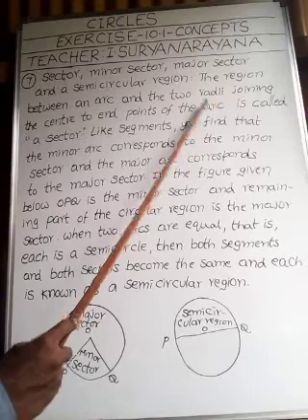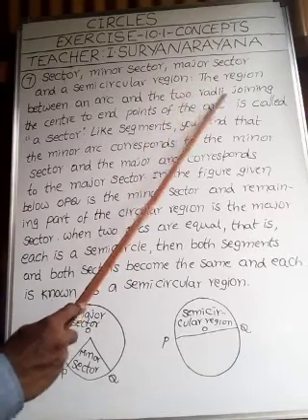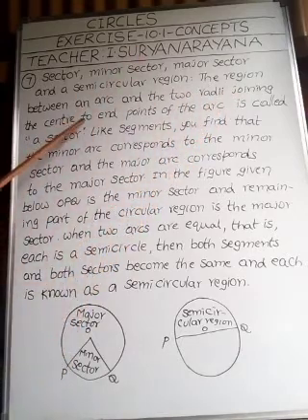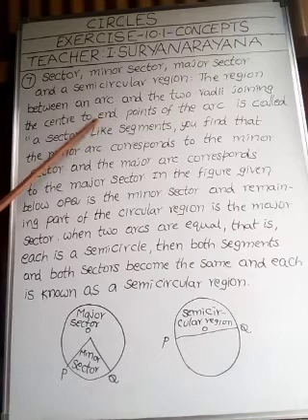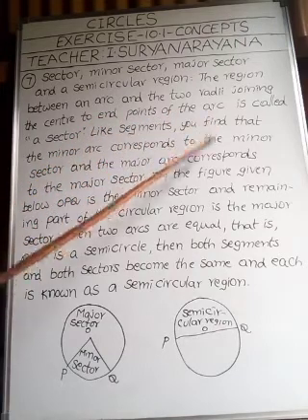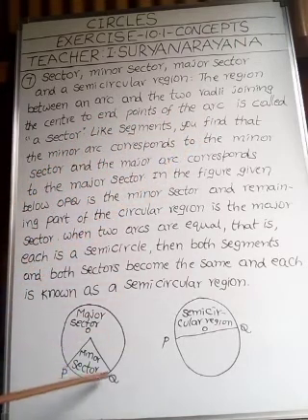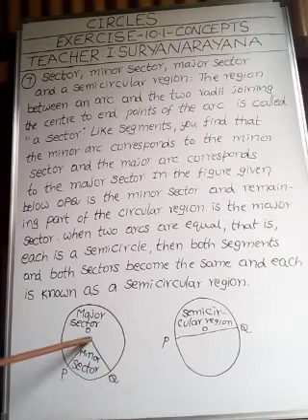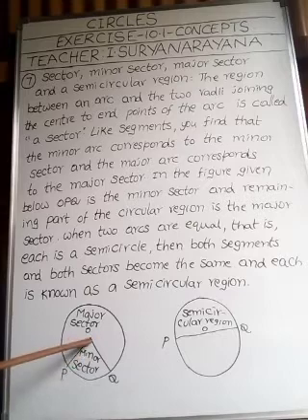So two radii. Here we have taken two radii, joining the center to the endpoints of the arc, like this. See here, these are the endpoints of the arc. This is the center of the circle. We have taken the radii OP and OQ.